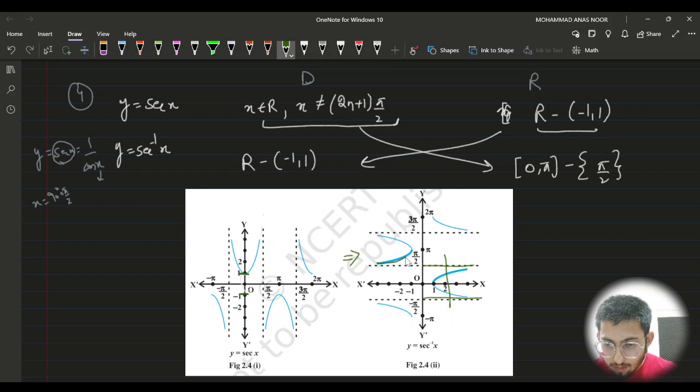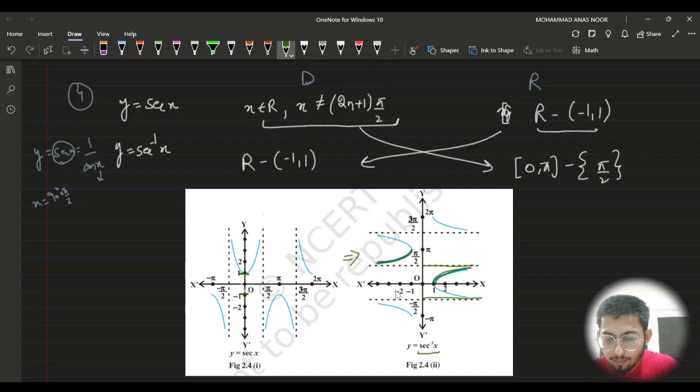If you had taken this as the range, it would fail the vertical line test. If you had taken this as the range, it would also fail. So you cannot take this whole or this whole as the range for sec inverse x. Instead, we take half from this, half from this.